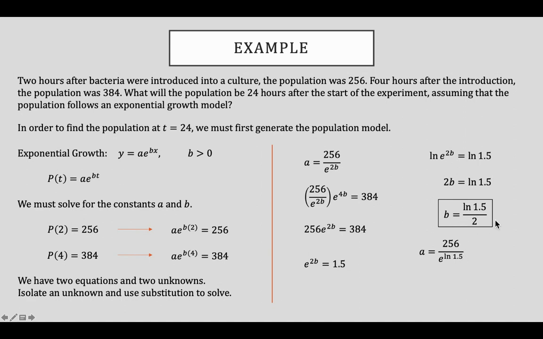Notice that when I multiply b by 2, the 2's are going to cancel out, right? 2 times b is just ln 1.5. And e to the ln 1.5, well, those are inverse operations of each other. They cancel out as well. This just gives us 256 divided by 1.5, which tells us that a is equal to 512 over 3.